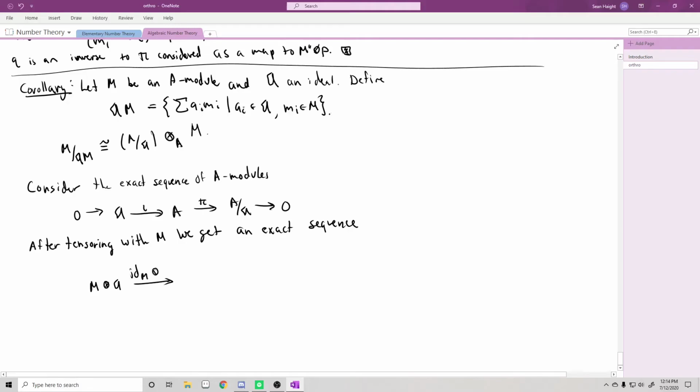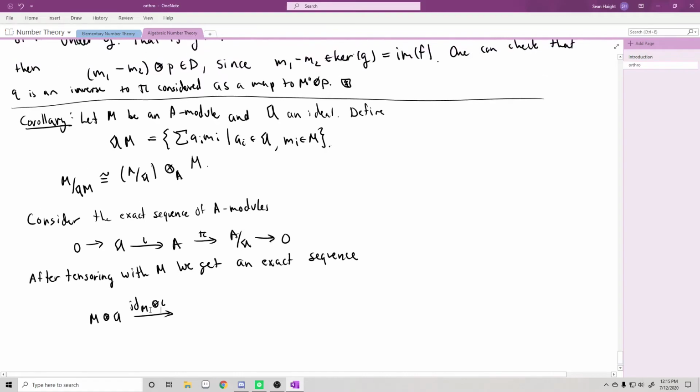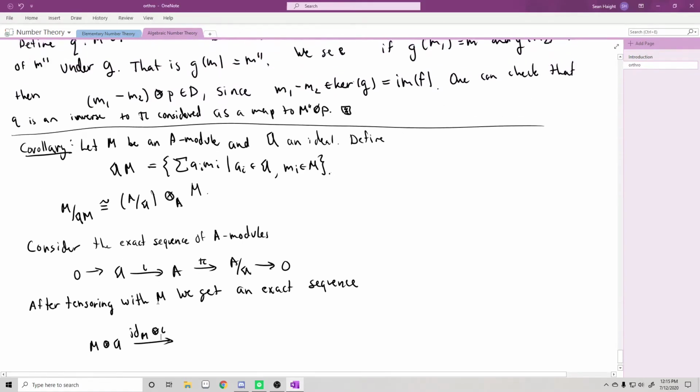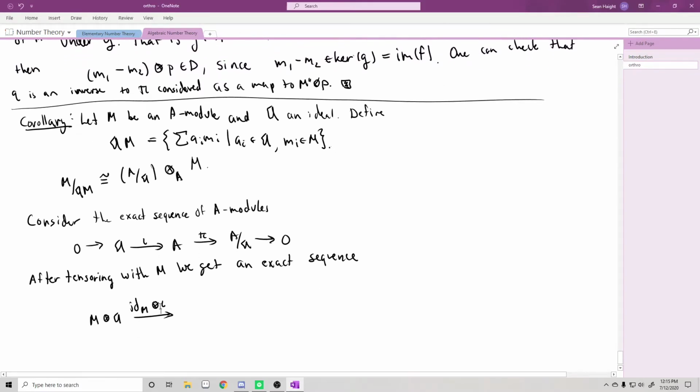M tensor I. I should also remark, maybe this wasn't clear, that in the land of commutative rings, it doesn't matter which order you take the tensor product in. So M tensor A and A tensor M are the same thing, and you can be really casual with the order in which you write your tensor products. Okay. And when I say the same thing, I mean canonically isomorphic. I don't mean the same sets.